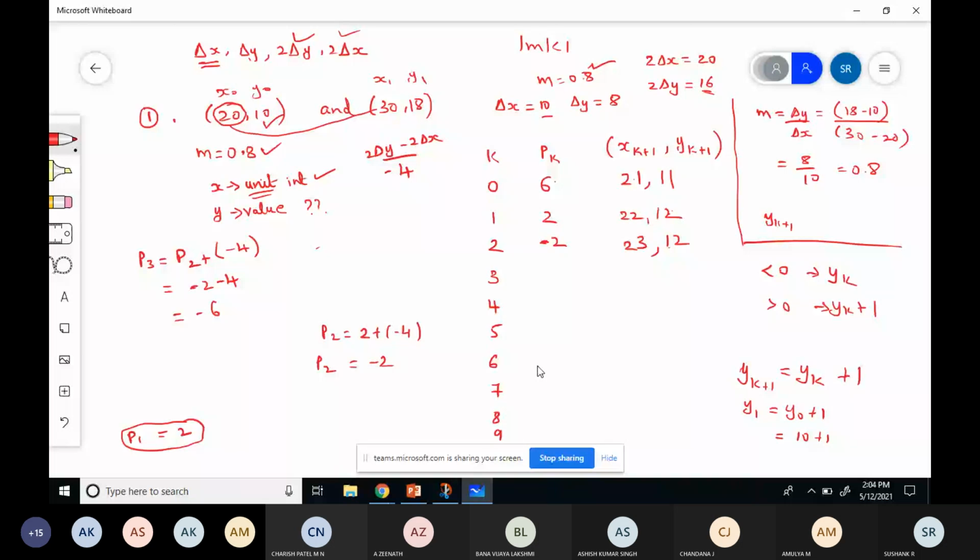See, the formula for pk will change. If it is less than 0, one formula; if it is greater than 0, another formula. Initially for both cases it was greater than 0, so the same formula I used. But now, for this pk, it's less than 0, so this formula will not work. Less than 0 means we have one more formula.